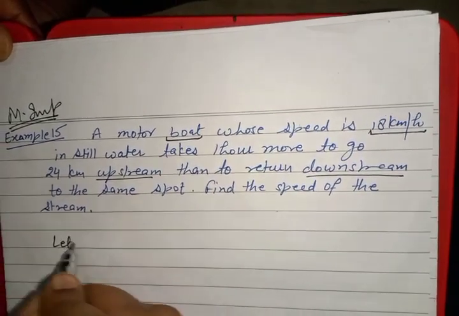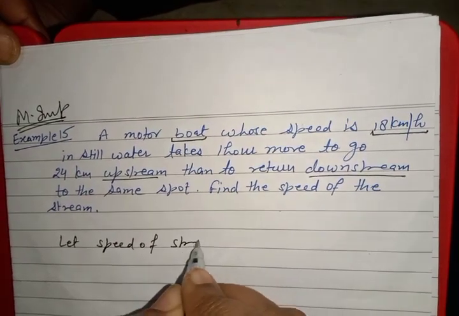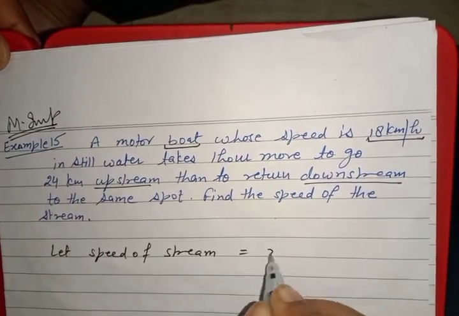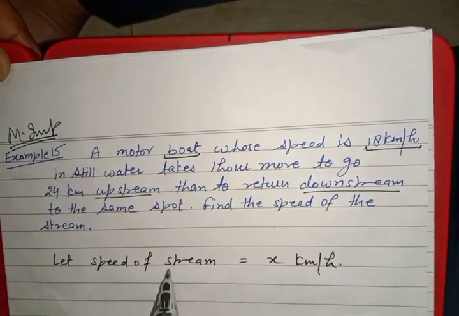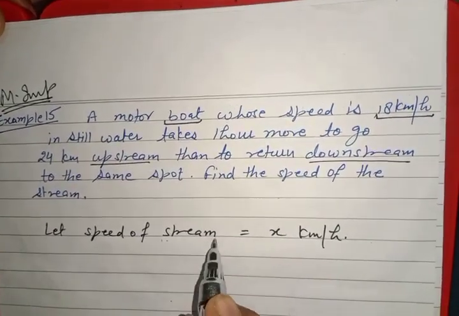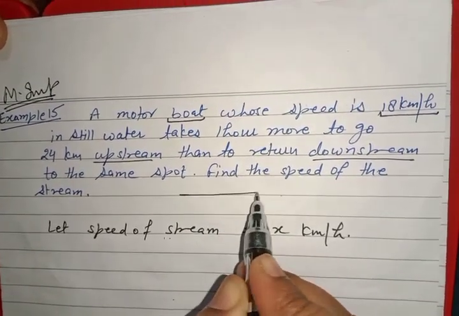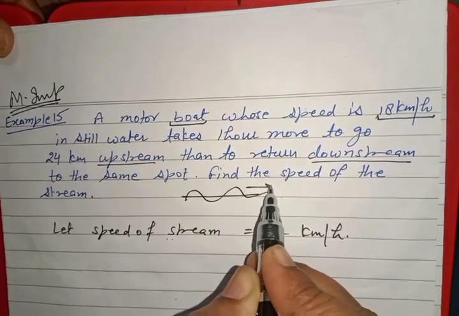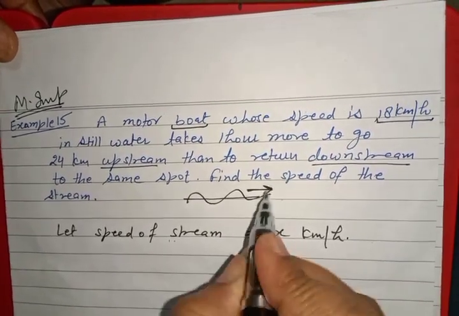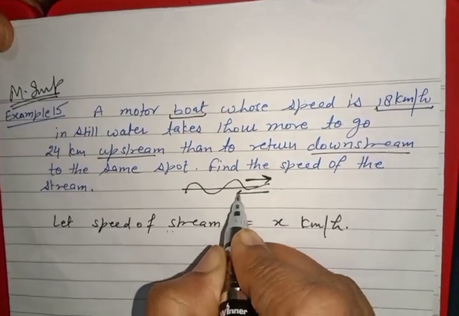First of all, we'll suppose the speed of the stream is equal to x kilometers per hour. Suppose this is the stream, this is the speed of the stream, and this is the speed of the boat.